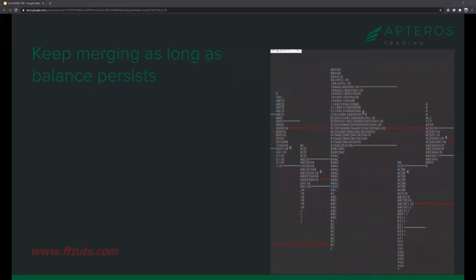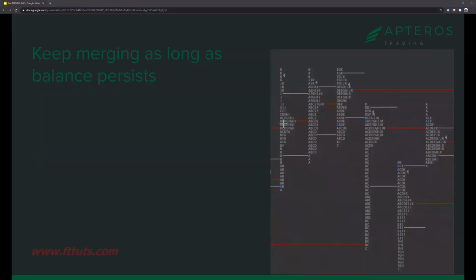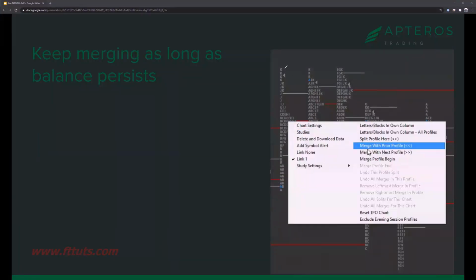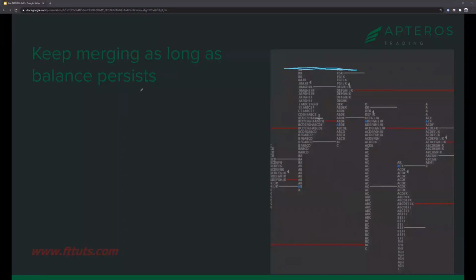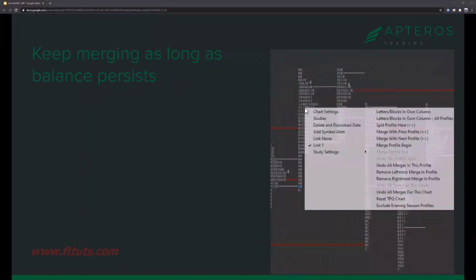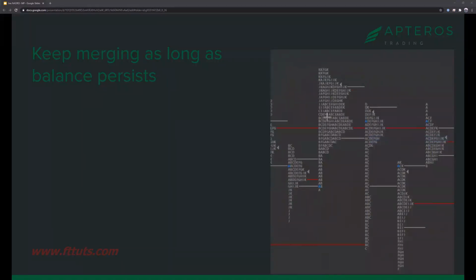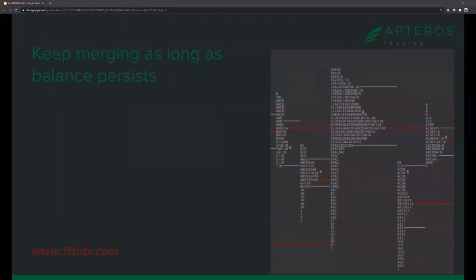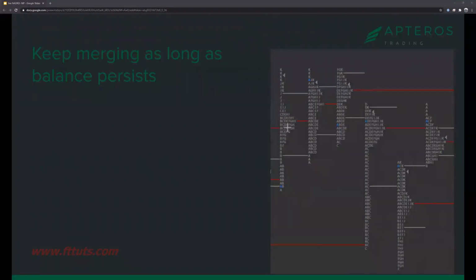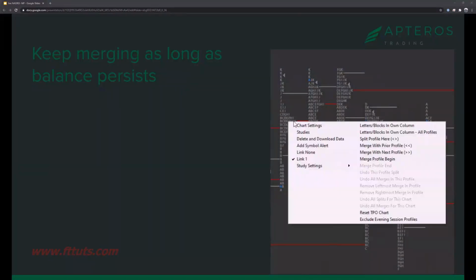Look at that big poor high up at the top. All 3 of those days went to the same high and didn't break it. We would look for that area to get completed, right? That auction cycle, not necessarily done up there. Probably going to come revisit that at some point.